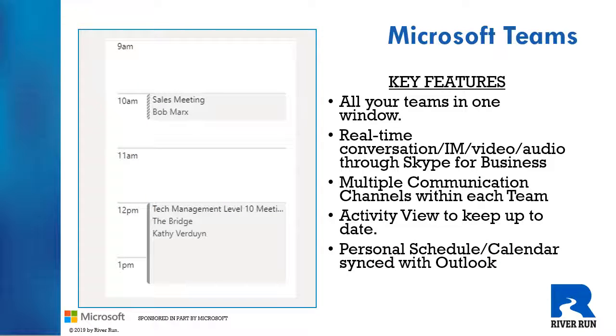Microsoft Teams is integrated with Outlook. So when you go to your personal calendar or want to schedule something from within Teams, you see what is happening in your Outlook calendar so that you don't double book yourself. And things that you set up in Teams then show up in Outlook.